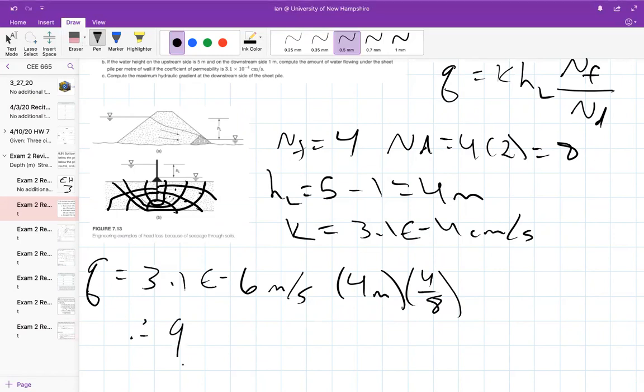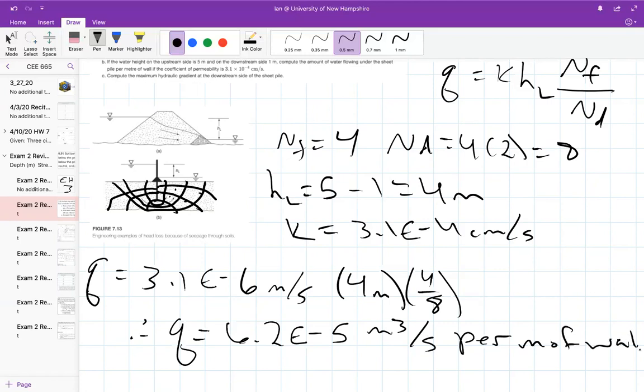So therefore, we'll get Q equals 6.2 e to the negative fifth cubic meters per second per meter of wall. So that's part B. And now part C: compute the maximum hydraulic gradient at the downstream side of the panel.